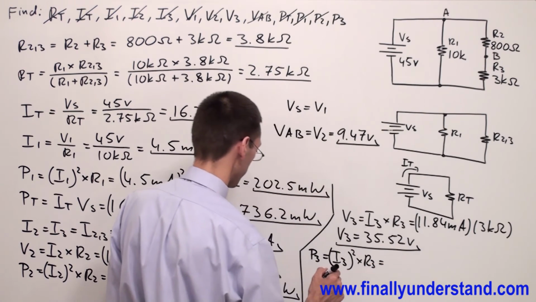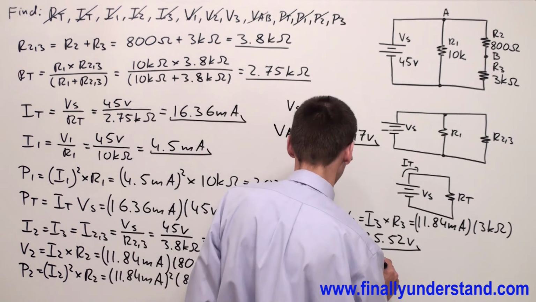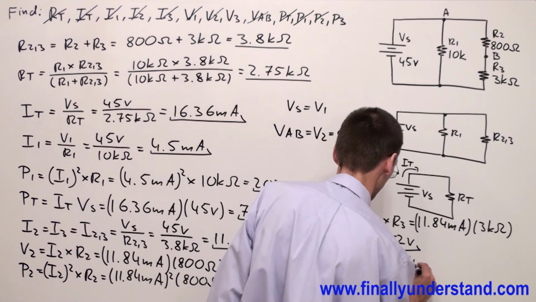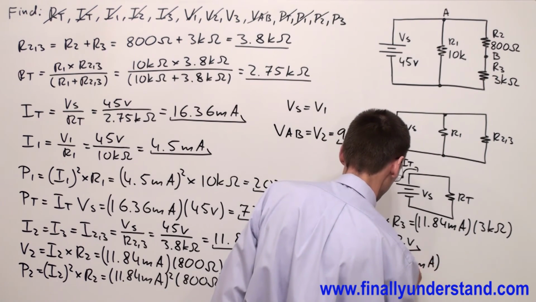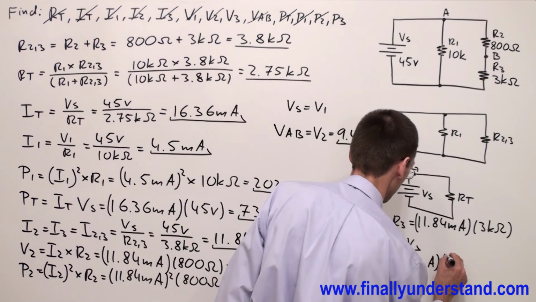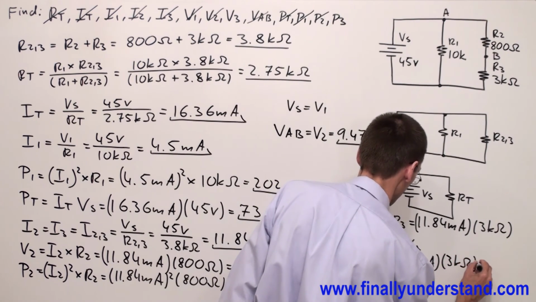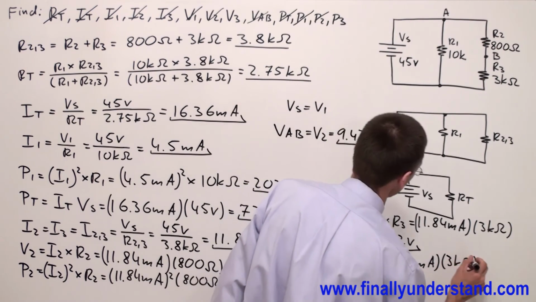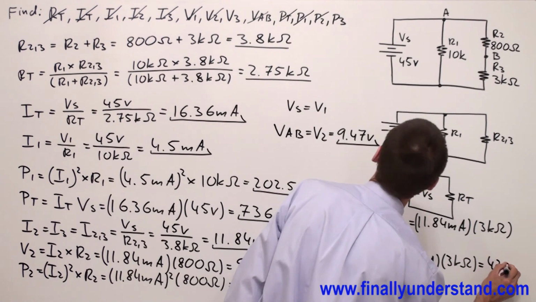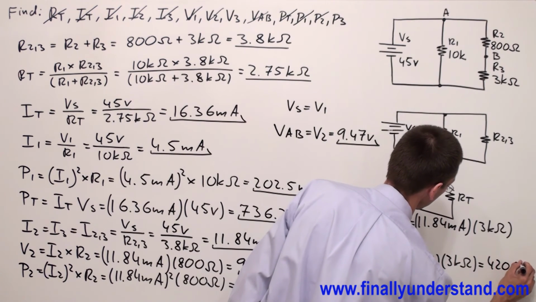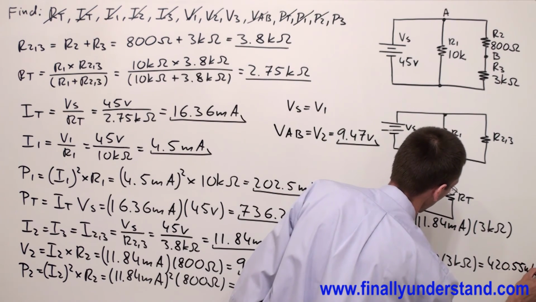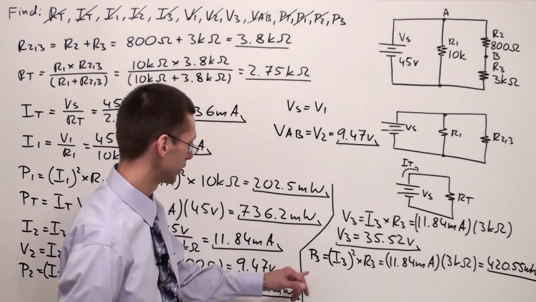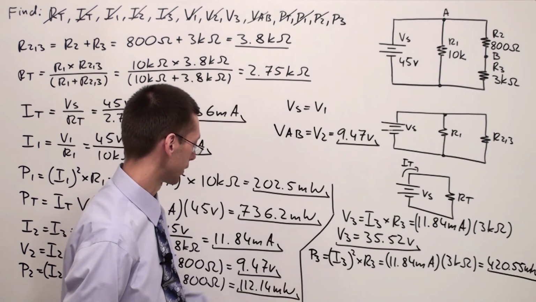This is equal to I3, 11.84 milliamps, squared, times R3, 3 kilo ohms, is equal to 420.55 milliwatts. Okay, so this is the power at resistor R3.